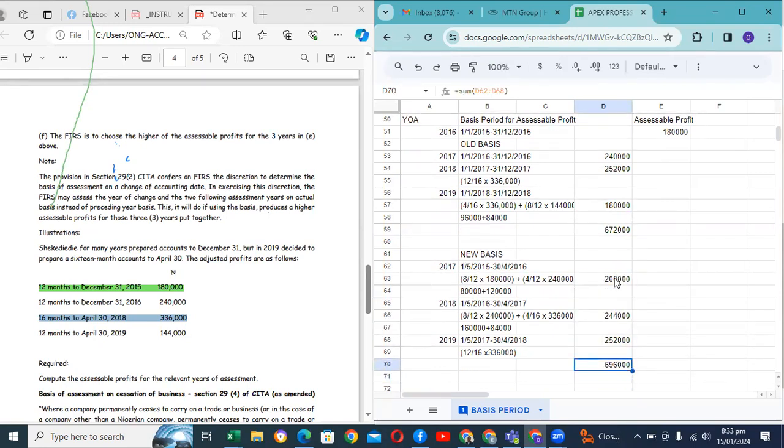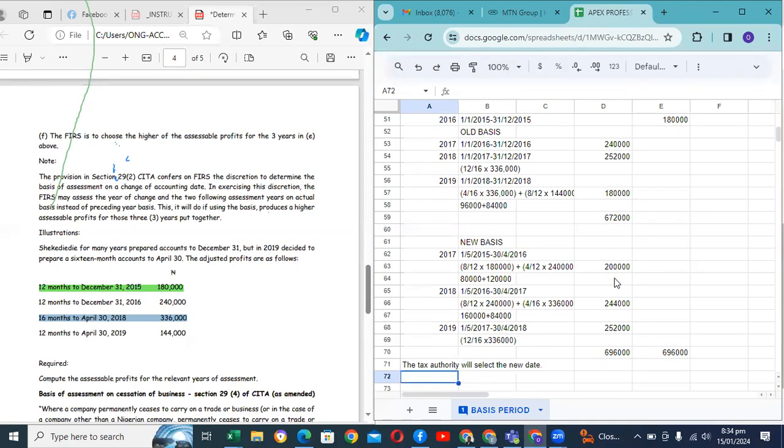So which one is higher, everybody? The new basis. So you pick the new basis, it will be the one that will be your new one. So you select the tax authority. We select the new date. Are we together?